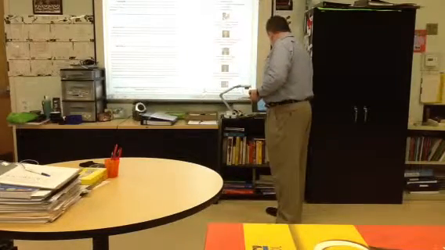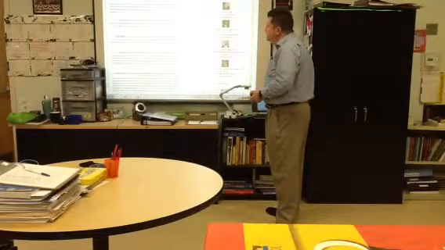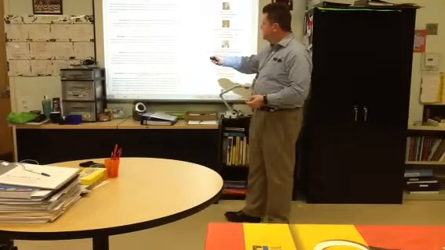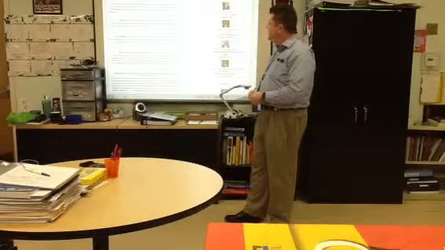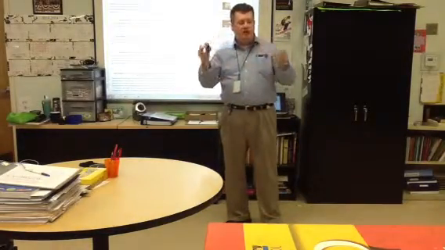And then notice up at the top, Amendment 2 talks about the right to bear arms. A well-regulated militia being necessary to the security of a free state, the right of the people to keep and bear arms shall not be infringed. So I have them actually look at the text of the Constitution and the Second Amendment.